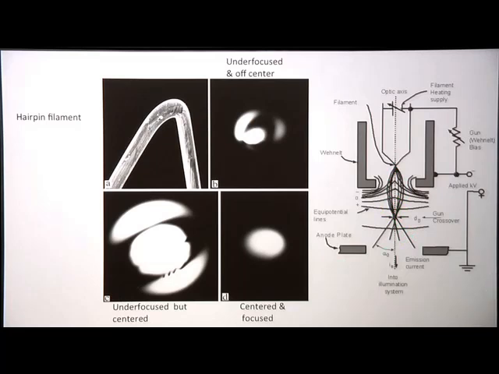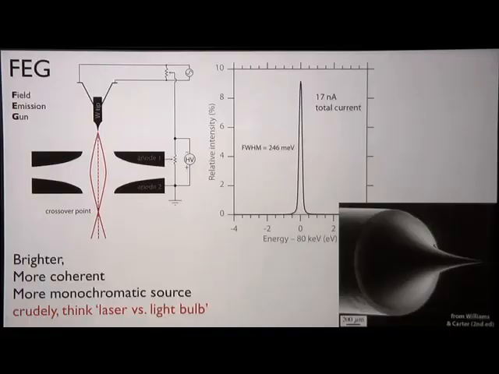Okay. Now, field emission sources. So remember, the field emission source, you're basically applying a very high voltage to a tip. And one of the best ways to make a very high field is actually to make something sharp. Right? So this is the sharp tip on the end of a field emission source. You can think of it just like a lightning rod. Field strengths are concentrated on the sharpest tips, right?